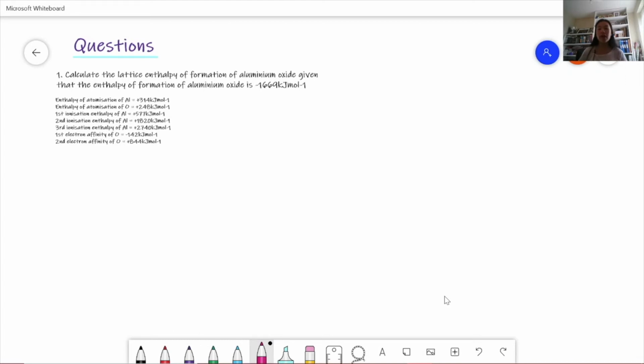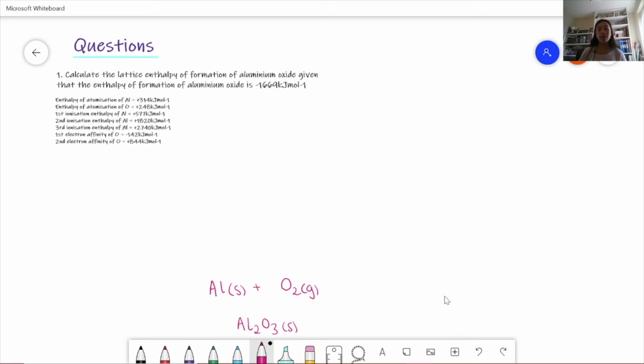So I'm going to start with the enthalpy of formation like we always do. And these will be our bottom 2 layers. So we're trying to form aluminium oxide from its constituent elements, so aluminium and oxygen. So I have aluminium, which is a solid in its standard state, and I'm going to add some oxygen, which is a gas in its standard state, and that's going to form Al2O3, the solid.